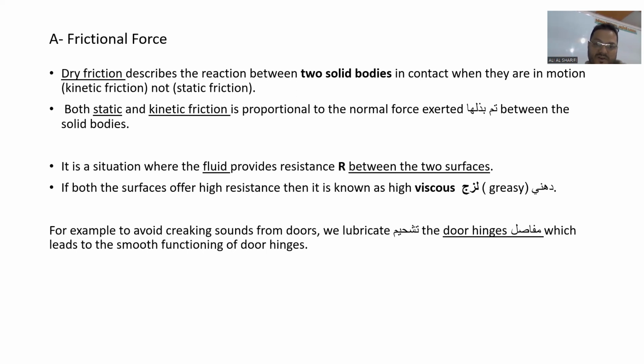Both static and kinetic friction are proportional to the normal force exerted between the solid bodies. It is a situation where the fluid provides resistance between two surfaces. This note is related to the last one. If both the surfaces offer high resistance, then it is known as high viscous or greasy.